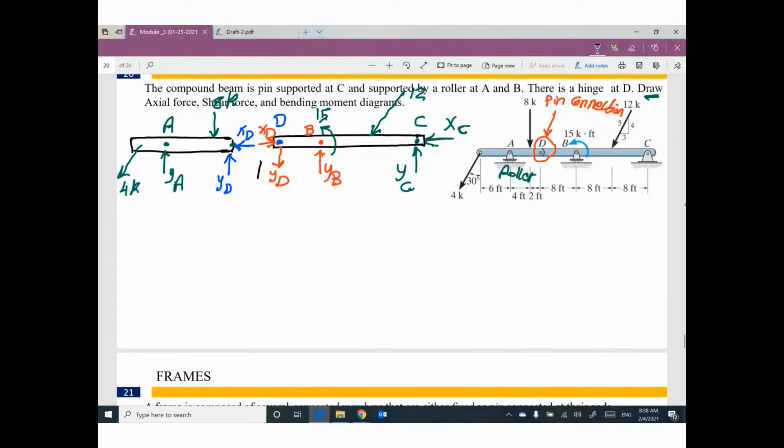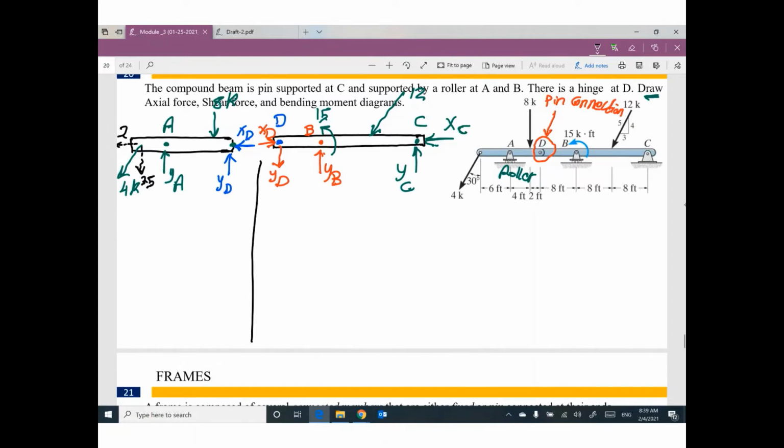Before starting to apply equilibrium equation, this inclined force will be broken to horizontal and vertical components. I will do it quickly. So 4 times cosine 30, the vertical one will be 3.5, and the horizontal one will be 2.